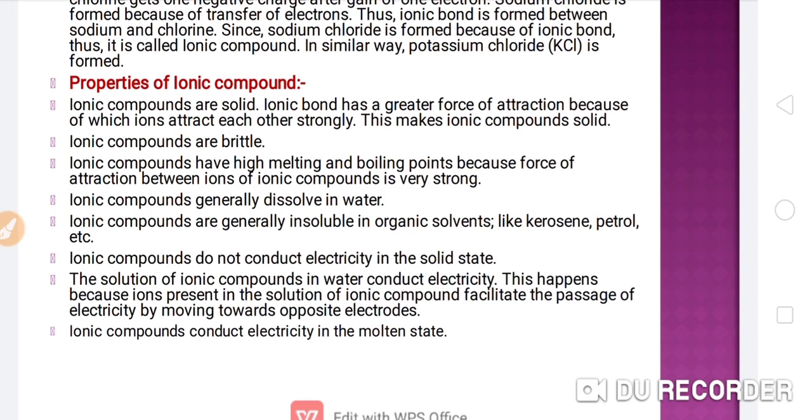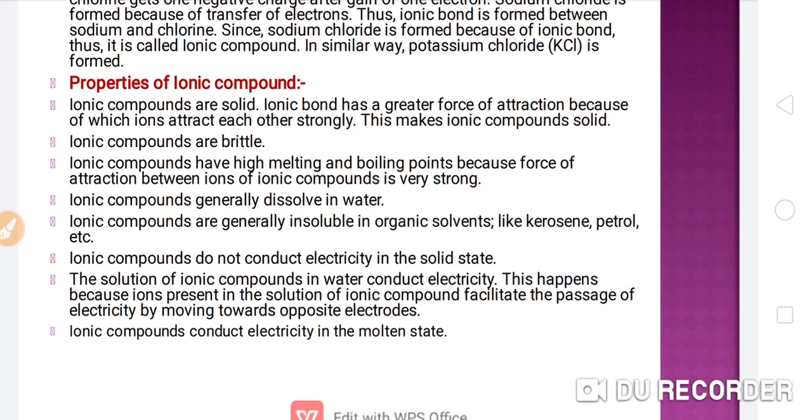Organic solvents are kerosene, petrol, etc. And ionic compounds do not conduct electricity in the solid state. So we need to dissolve them in water, then they can conduct electricity. Otherwise, they will not conduct electricity if they are in solid form.